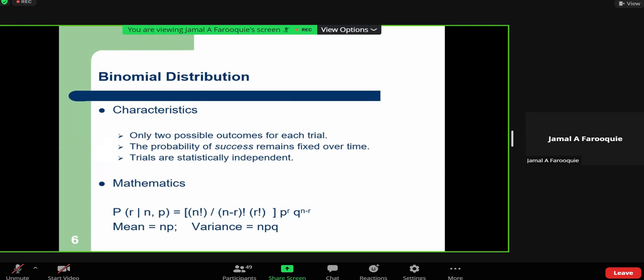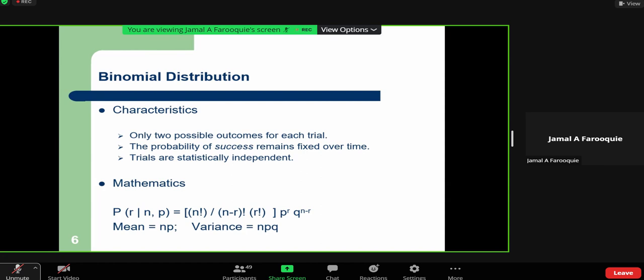Two tosses are two trials, or you can say sample size. So small n is 2, small r is 2 because we are interested in finding the probability of two tails, and small p here is the probability of success. Probability of success means probability of getting a tail in any trial, which is 0.5.